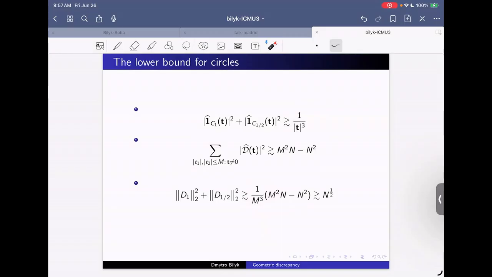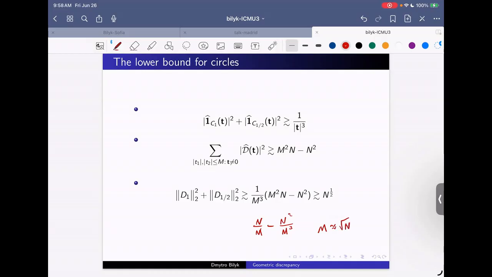To optimize in m, the terms that you have will be n over m minus n squared over m cubed. You want these terms to be roughly of the same order, so you need to choose m to be of the order square root of n.